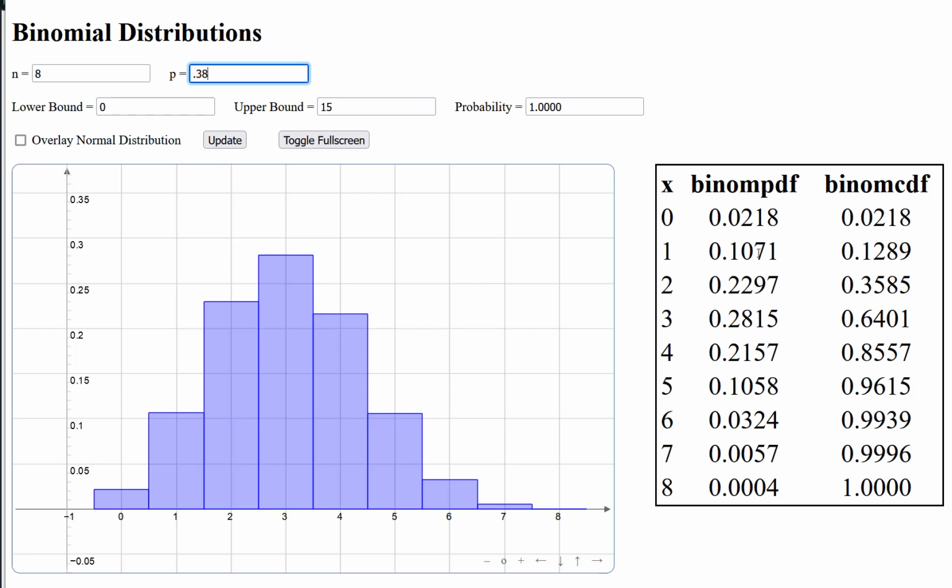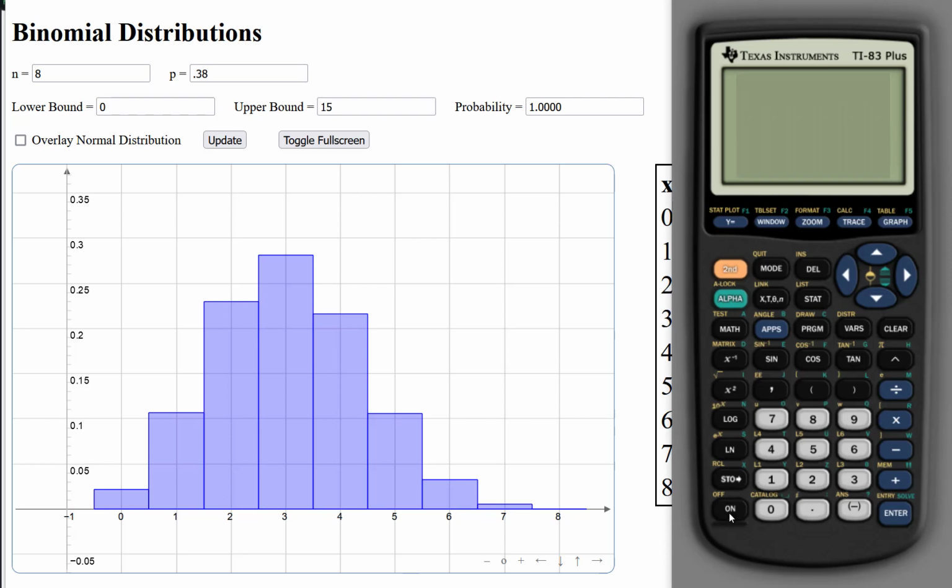Now, just to show you that these probabilities are correct, we can come up with them if we simply use binom PDF in the calculator. To do that, we would do second distributions, come down to where we find the binom PDF function, and there are 3 inputs: n, which is 8 in this case, p, which is 0.38, and we'll just pick, say, 4 for the last input, just to check.